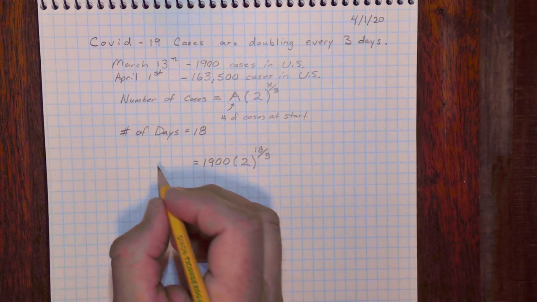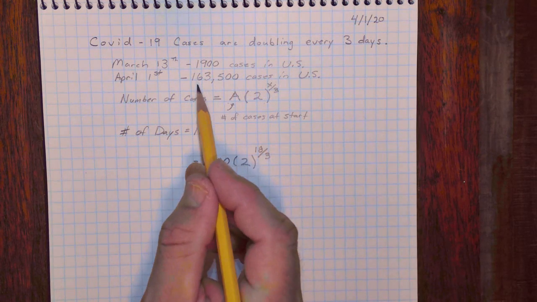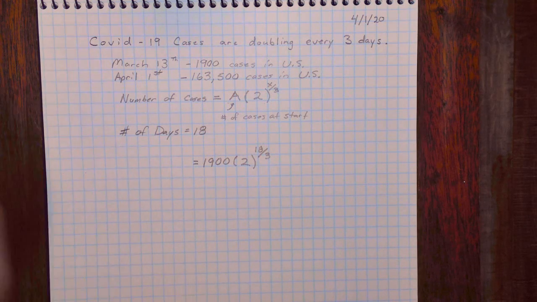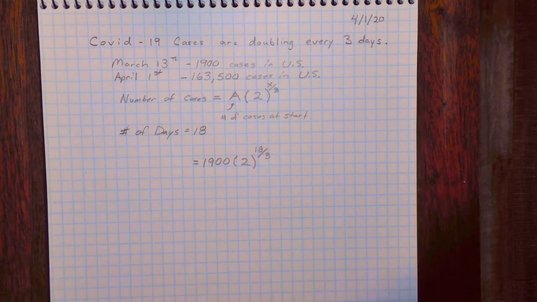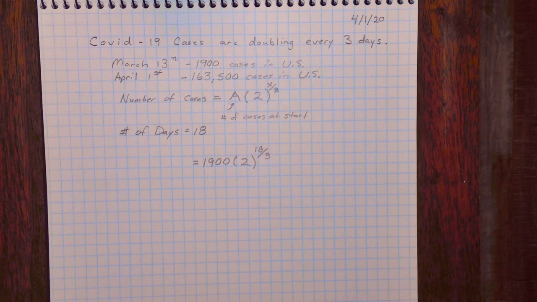So first off, let's see what number that gives us, and let's see if that's equal to 163,500. So I take my trusty old calculator that I've got sitting over here, and let's go ahead and plug our numbers in. Okay, and what do I get?